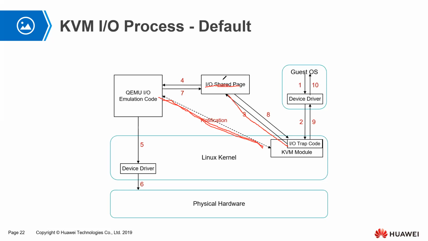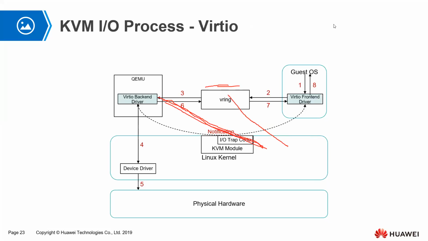So it works simultaneously. As it is sending to the shared page, it also notifies Kemo that I have put something in the shared page, kindly pick it from there. Okay, thank you. You're welcome.